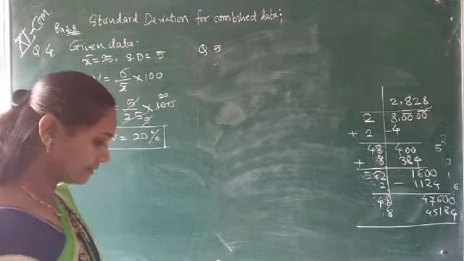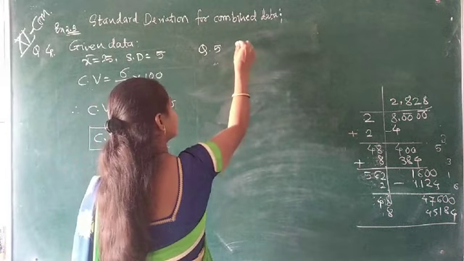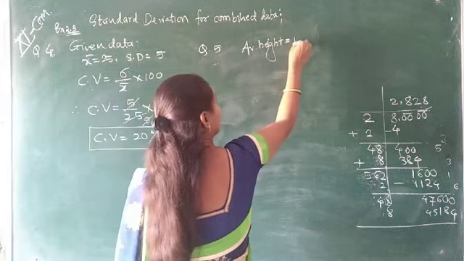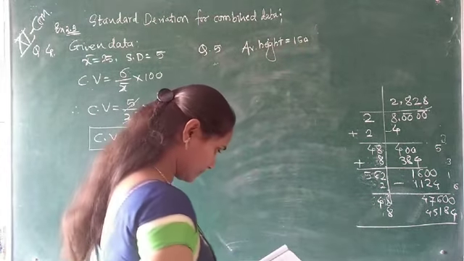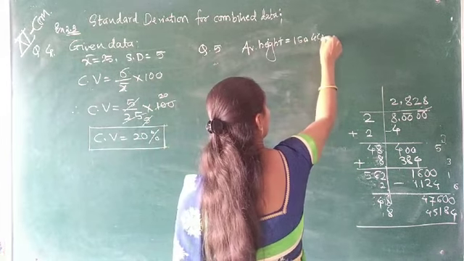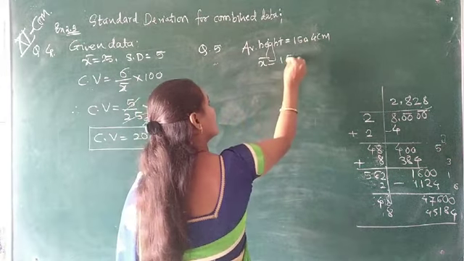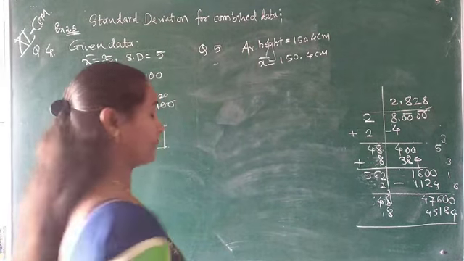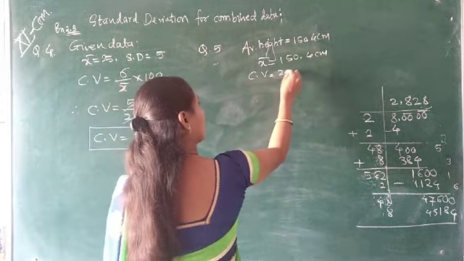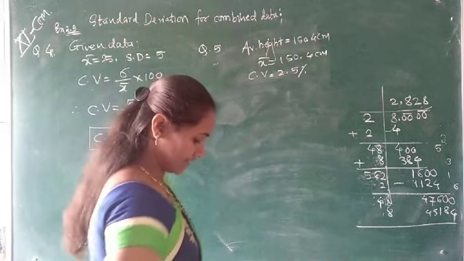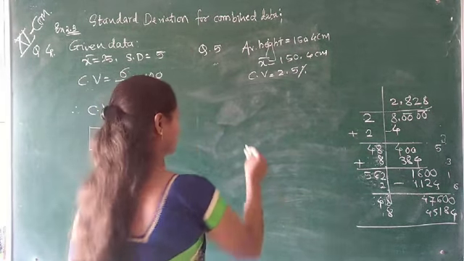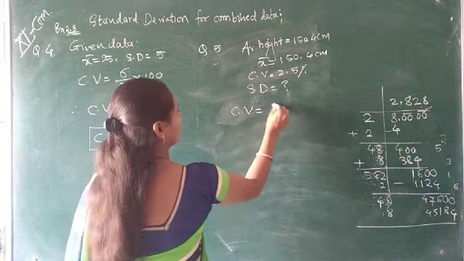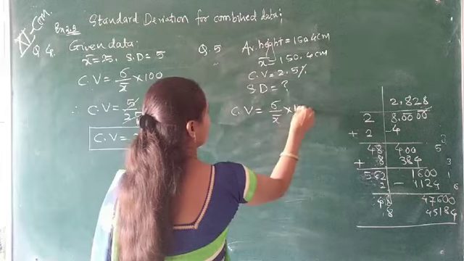What is given here? That is mean. Average height, that is mean, is equal to 150.4 centimeter. That means mean is 150.4 centimeter. And CV, that is 2.5%. Here we have to find its standard deviation of their height. So use the formula of CV: standard deviation upon mean into 100.